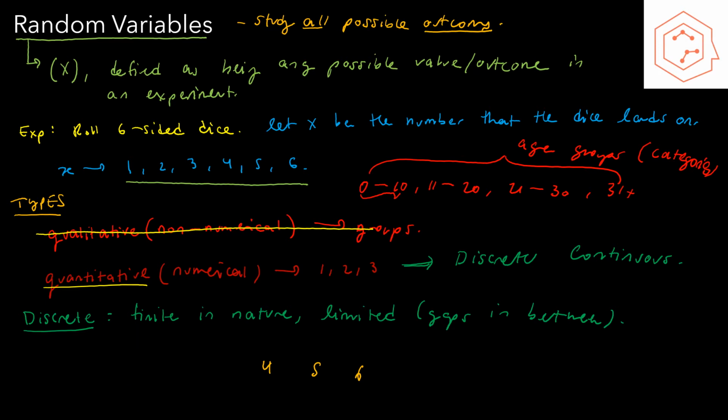In contrast, you have the idea of a continuous random variable. And the wording here is really important. It's continuous. So there's no gaps in between outcomes. And there's infinitely many outcomes.